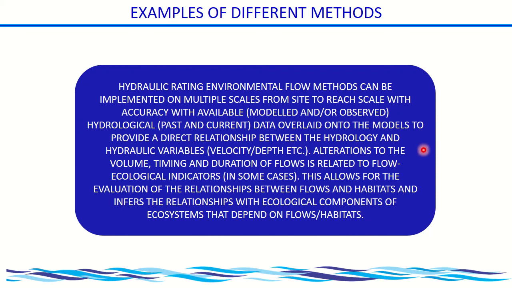What's important here is it considers alteration to the volume, timing, and duration of flows again. But the new information is that you're considering these changes in the context of habitat availability. Are you going to get deep habitats anymore? Are you going to get fast habitats anymore? Some of you have already started to see that some species have different preferences for deep water, some species have different preferences for shallow water, some for fast flow and for slow flow.